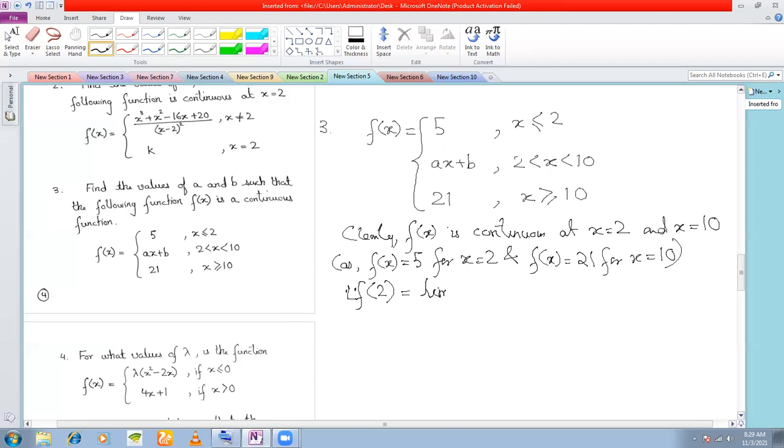So limit x tends to 2 minus fx, which is equal to limit x tends to 2 minus, and for values that are lesser than 2, if you see, the value of the function is 5, which is equal to 5. Okay, you don't even need to put x minus 2 is equal to h and do other things. This is the constant function. You can directly find out the value of the limit.